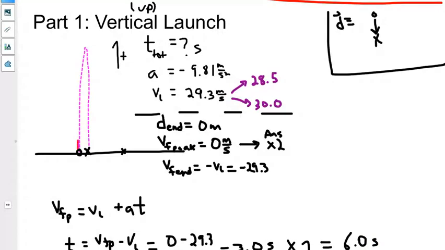Now, you're going to do this again, except instead of popping in 29.3, we have a range. We have 28.5 to 30.0.